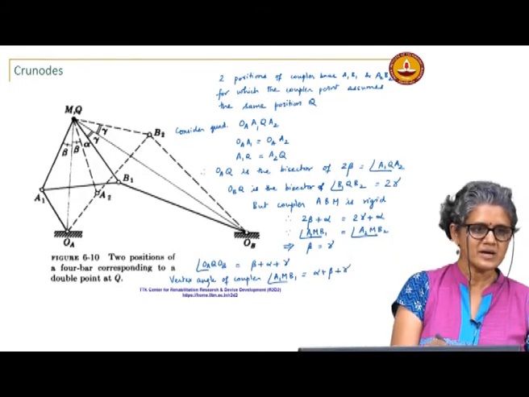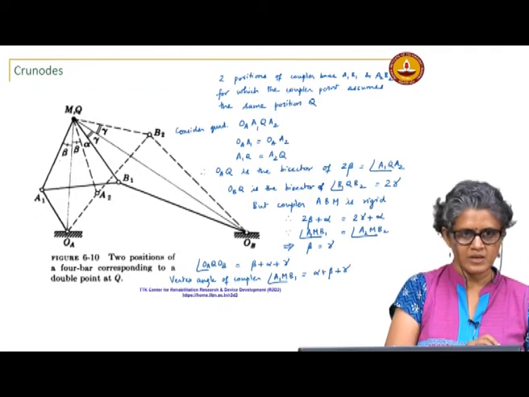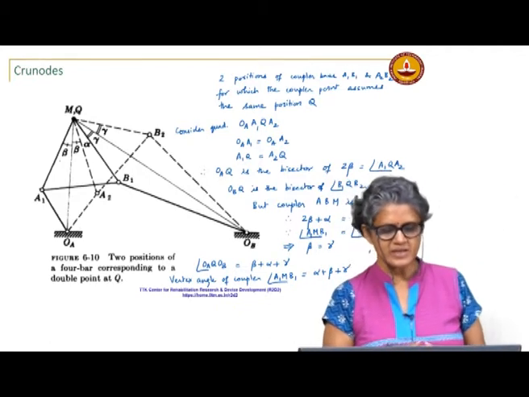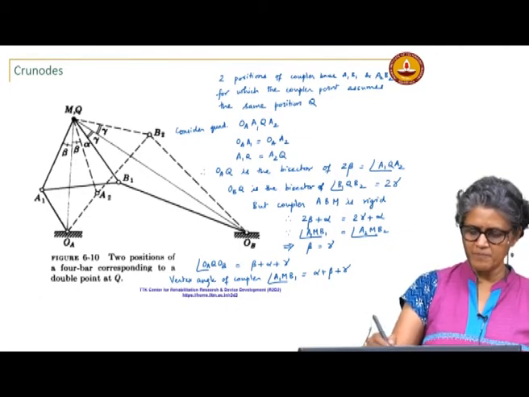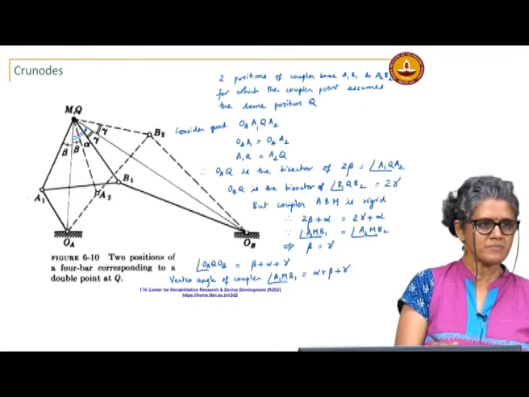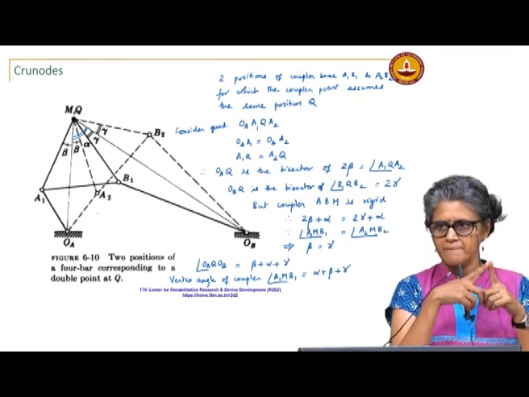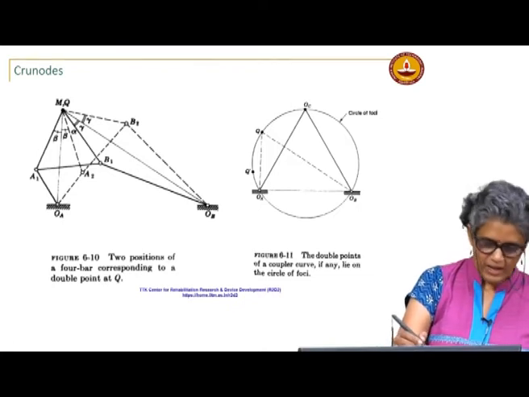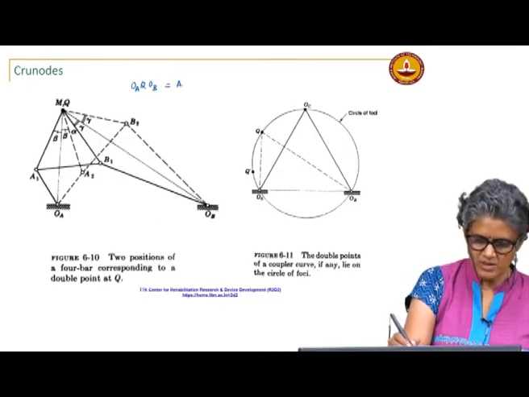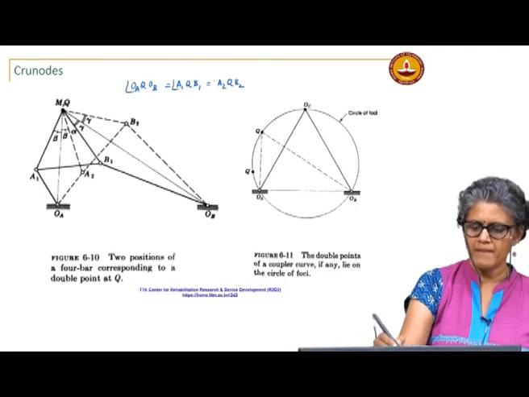So, this angle OA Q OB is the same as A1 M B1 or A2 M B2, the coupler vertex angle at the point M. So, angle OA Q OB equals A1 Q B1 equals A2 Q B2.